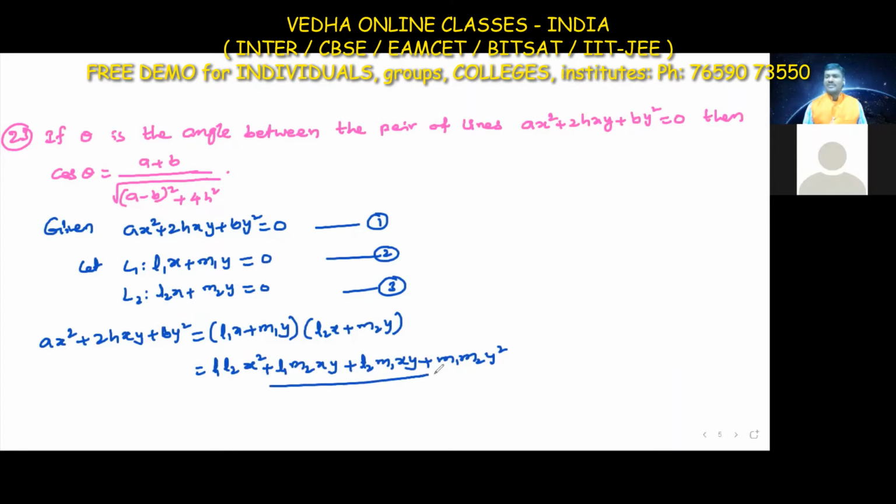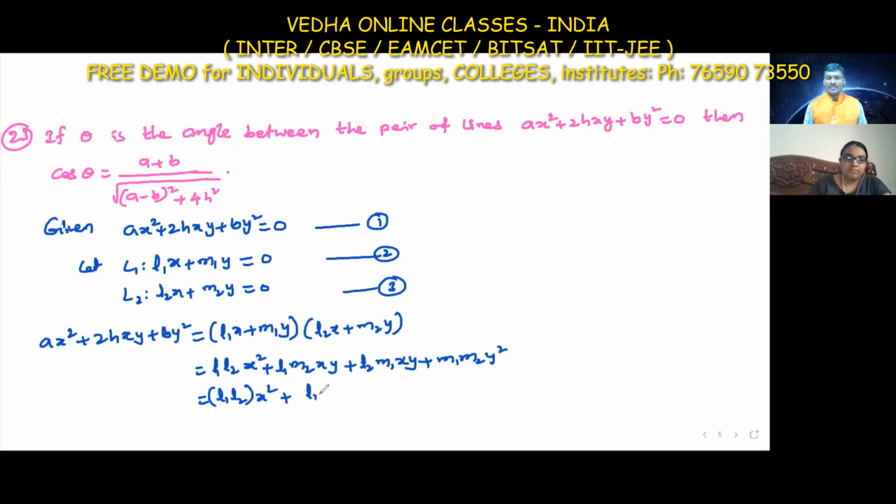These two are xy terms only, so take xy common. So L1 L2 into x square, plus xy common into L1 M2 plus L2 M1, plus M1 M2 into y square.